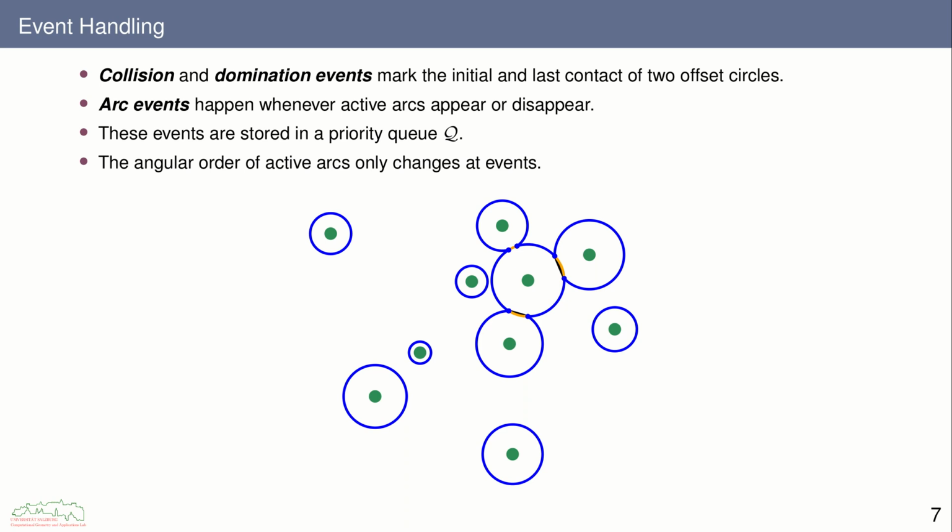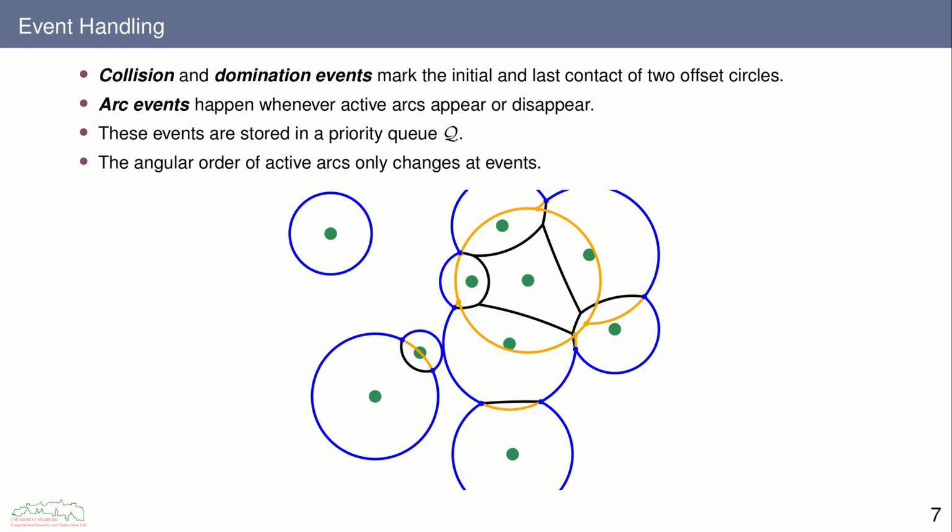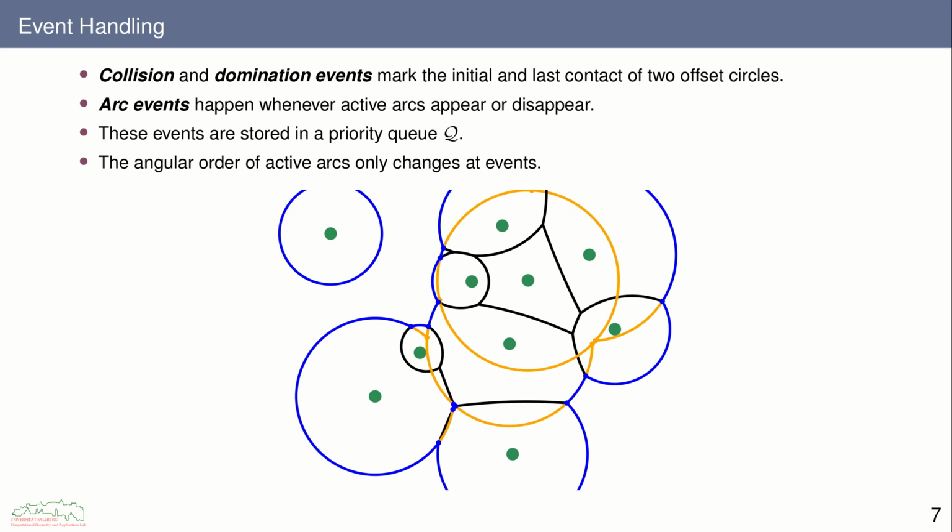We have prepared an animation of the wavefront-based construction of our example multiplicatively weighted Voronoi diagram. Please note that for the sake of visual clarity, we just show the active arcs. As you can see, the offset circles are emitted by the individual sites and expand at a rate that corresponds to their respective weight.